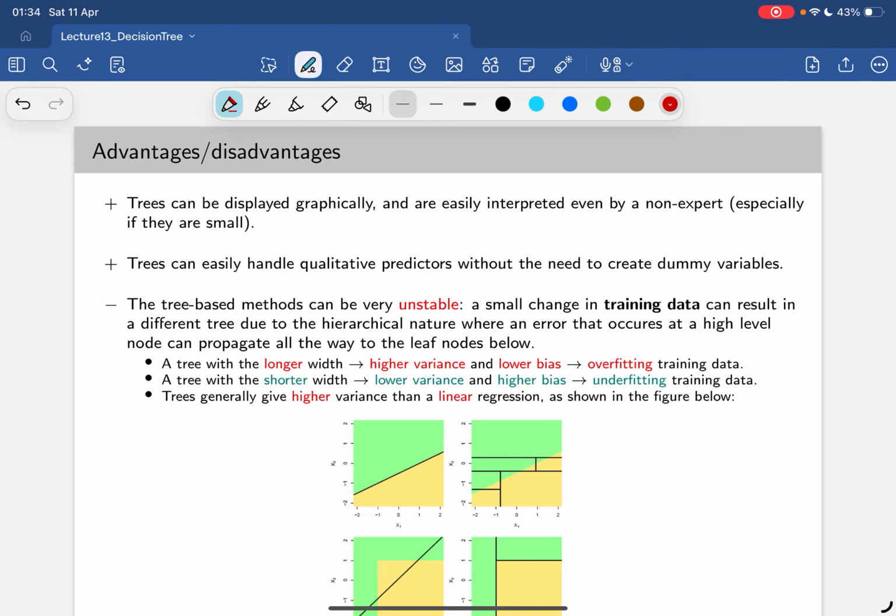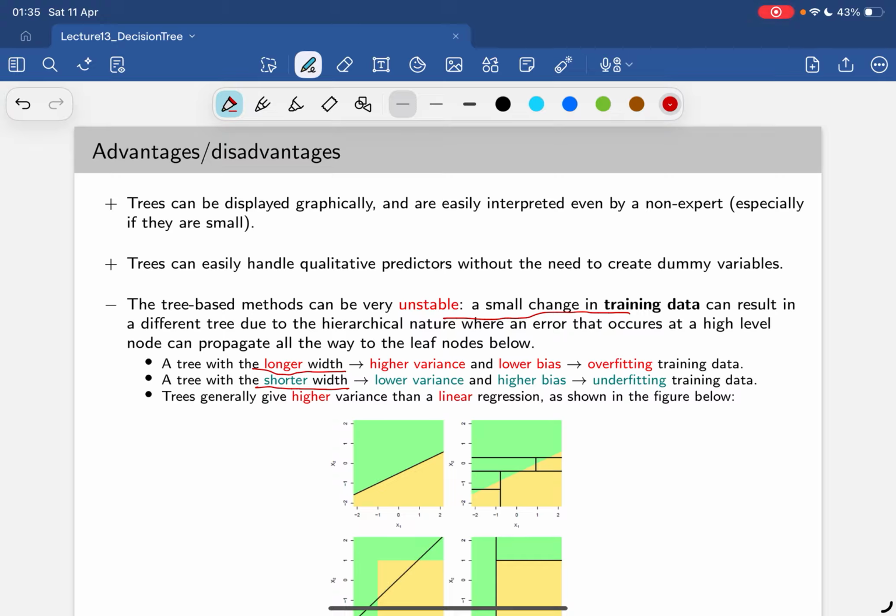Also, yeah, it's unstable, with any small change. The longer tree width would tend to have higher variance and lower bias. You can think of longer tree width like regression with lots of model parameters, and the shorter tree width is like regression with a very minimal number of model parameters.